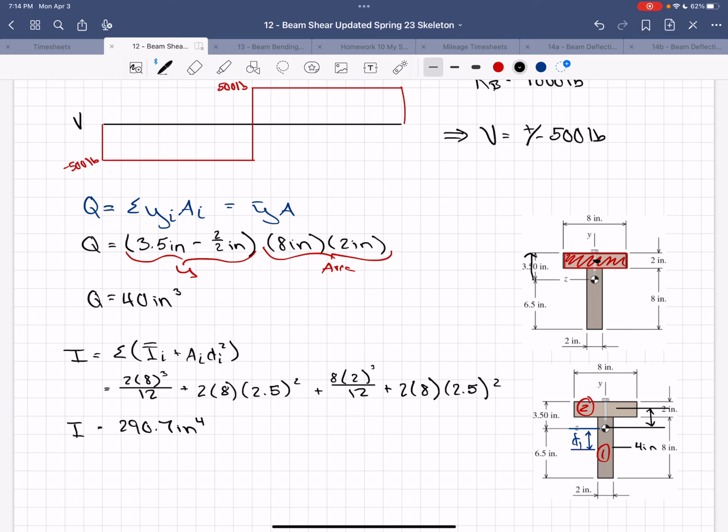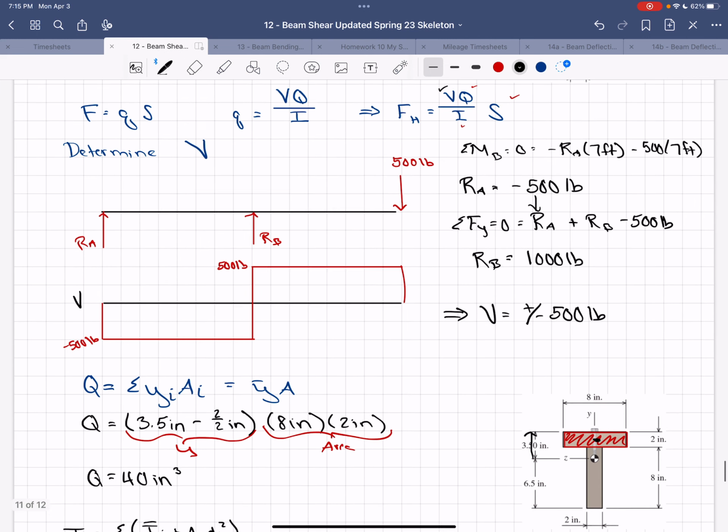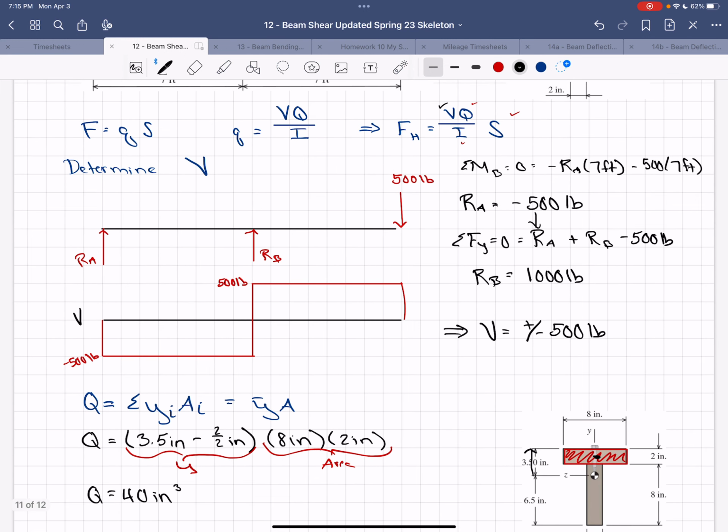All right, so now we go back to our equation. We calculated V, Q, and I. We were given the spacing, so now we can calculate the force per bolt.